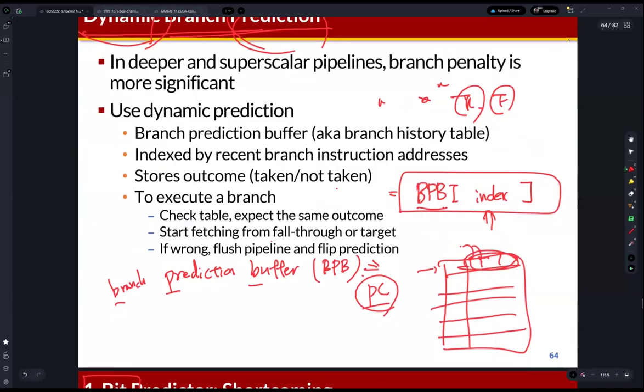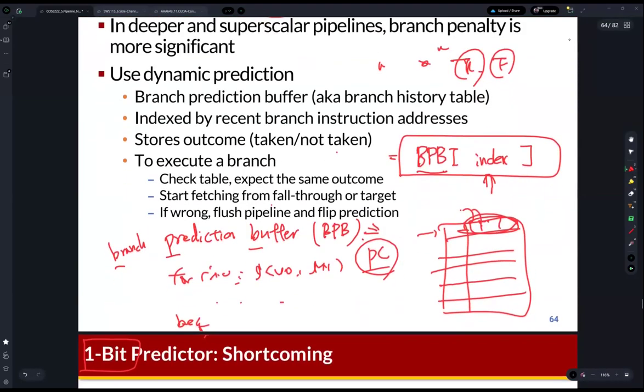So then how can we calculate the prediction hit rate of this one-bit predictor? For example, for i equals 0, i less than 100, i plus plus, and then some statement, and then the branch is here. If this branch is taken, then it will also be predicted as taken by the one-bit predictor, right? If the previous event is taken, then the one-bit predictor just assumes that the next event is also taken.